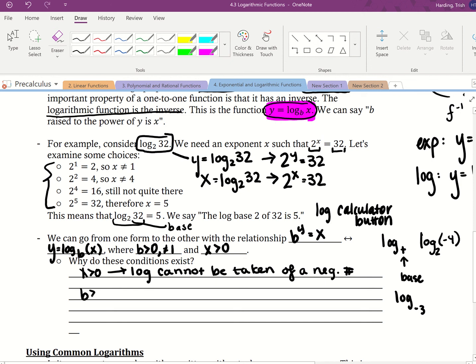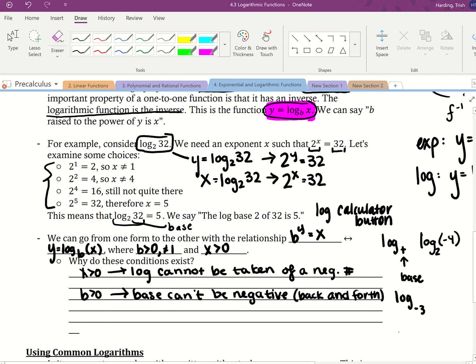So why does b have to be greater than 0? Well, the base can't be negative, or else we would have an oscillating function. It would have a lot of back and forth between positive and negative, and we can't have that because this is the inverse of an exponential.